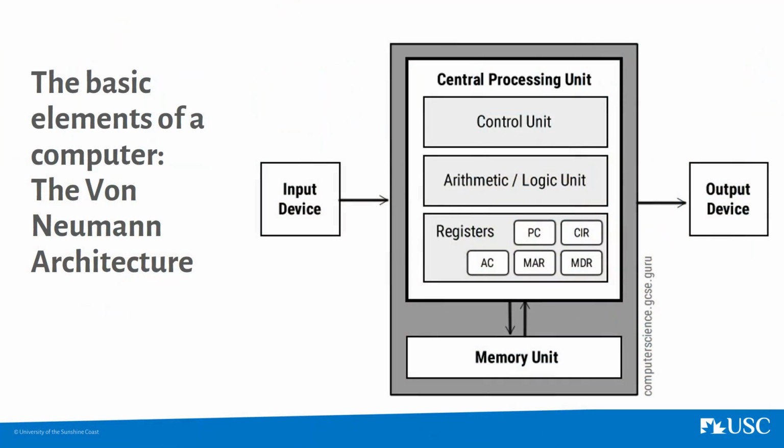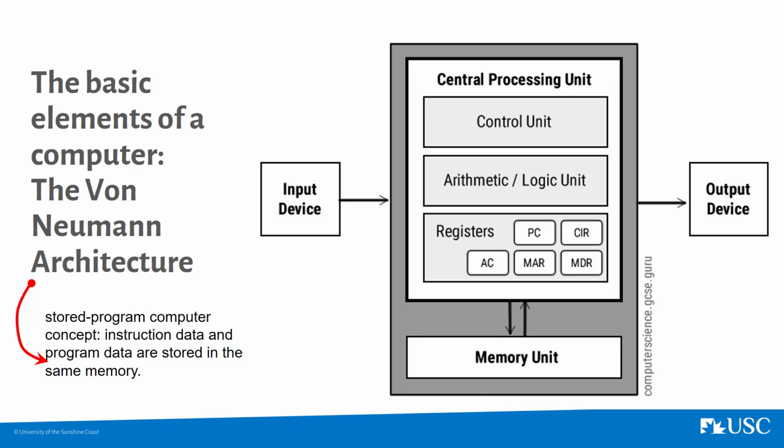In this video, I'm going to go through the basic components of a computer. To do that, I'm going to use the von Neumann architecture, which is an architecture that has been around for quite a while, and it uses the concepts of a stored program computer, where the instruction data and the program data are stored in the same memory.